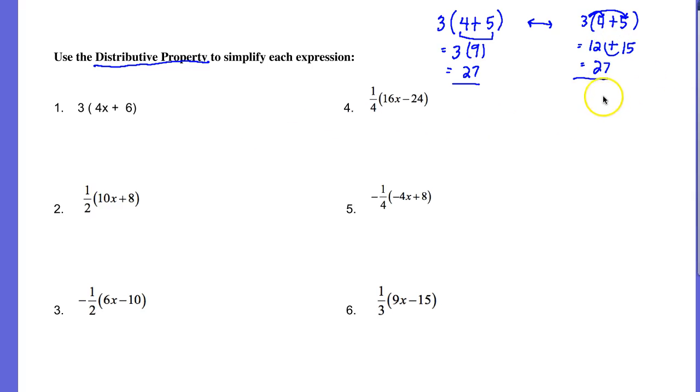And this is what the distributive property is saying, that if you have a number and you're multiplying a quantity, say B plus C, you can simplify that by distributing the number outside to each of the terms inside. That's the same thing as AB, or A times B, plus A times C.